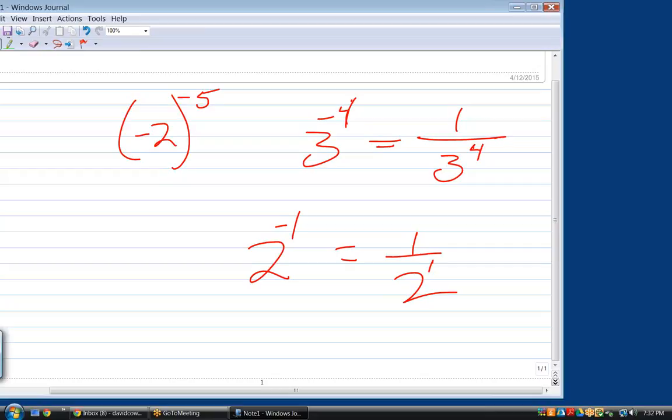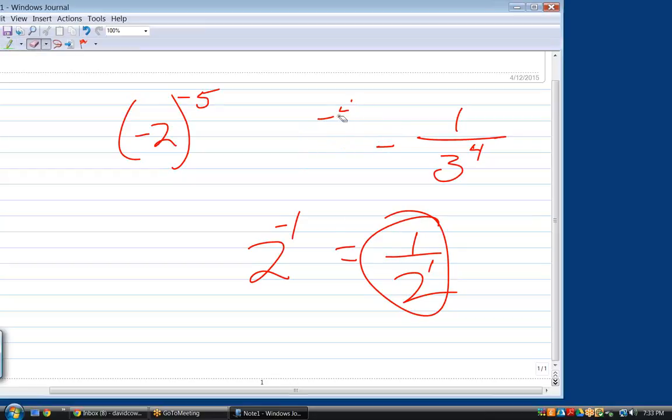They do not. In other words, notice that that's equal to 1/2. In fact, as long as the base is positive, the negative exponent is not going to be a negative number. It's always going to be a positive number. So there's no relationship between that negative exponent and negative numbers.